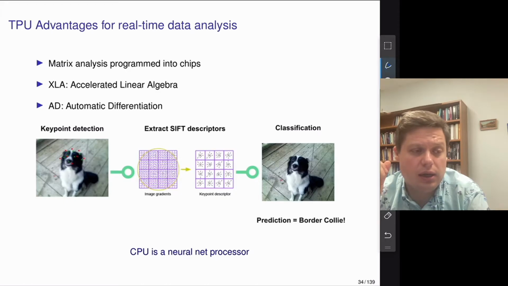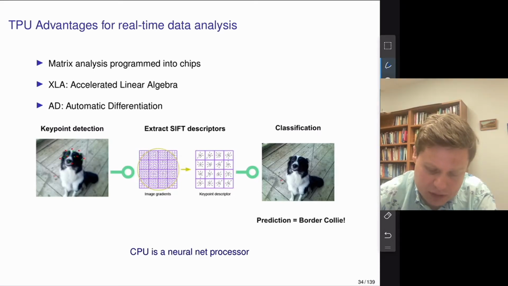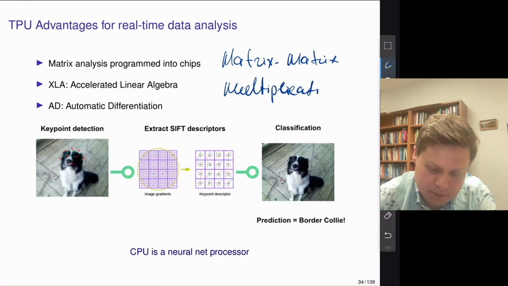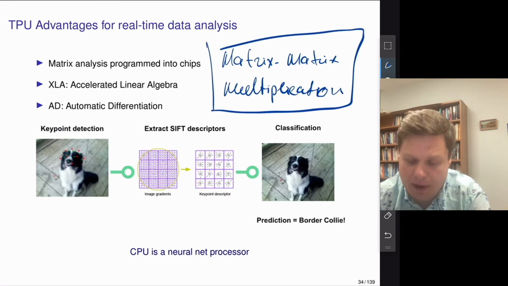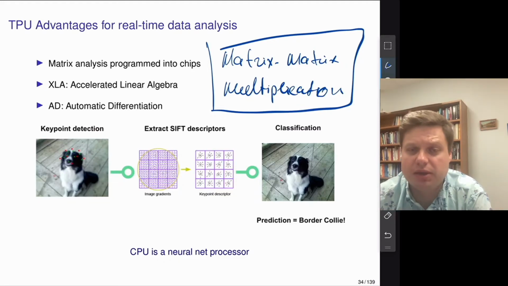This is called a linear algebra operation: a matrix vector multiplication, or matrix multiplication, the more general form of it. That's the main computational task when you do deep learning, and TPUs are designed to do this matrix multiplication very fast.